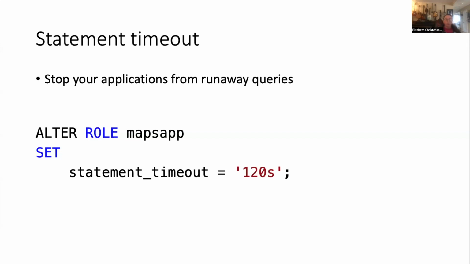So setting a statement timeout per application or per user can be a really smart idea. We usually tell people a minute or 2 minutes. If you've run something for 2 minutes, you're probably not getting it. And then this eliminates the chance that you've had some report accidentally running for 10 hours.